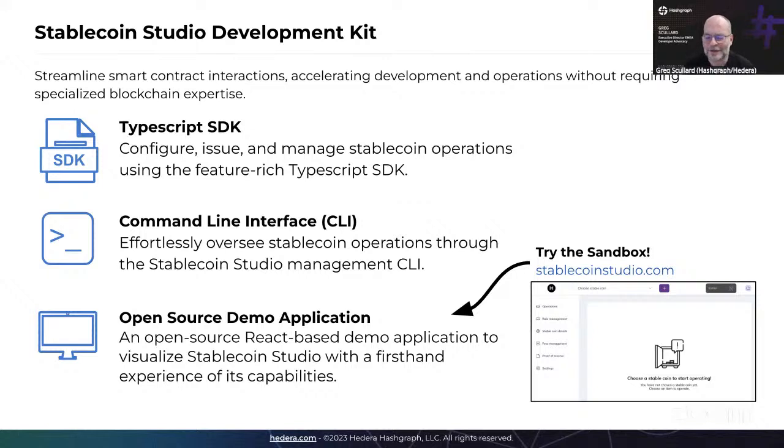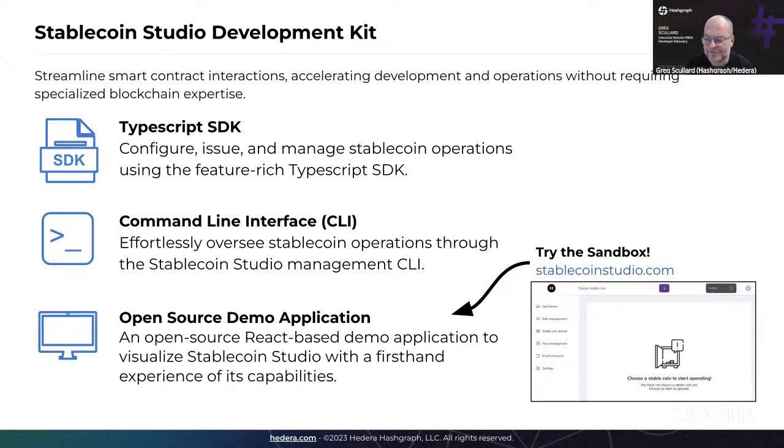And of course, command line interfaces don't demo particularly well. We've also built a UI or user interface, which also uses the SDK, which enables you to do everything you can do with the command line interface, and gives you immediate visualization of the different operations you can perform on the stablecoin using Stablecoin Studio.